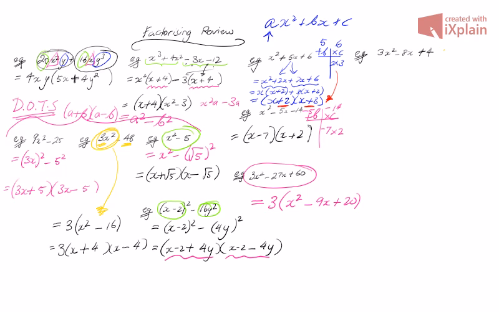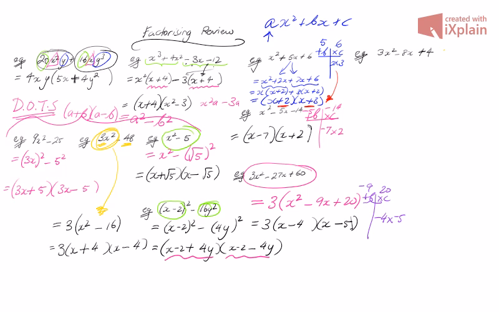So we're looking for two numbers that add to give b and multiply to give c. So multiply to give 20 and add to give negative 9. I'm thinking negative 4 times negative 5. So the 3 has to stay out the front because I've factorized it out already. It can't go anywhere else. And then we're going to have 3(x minus 4)(x minus 5).